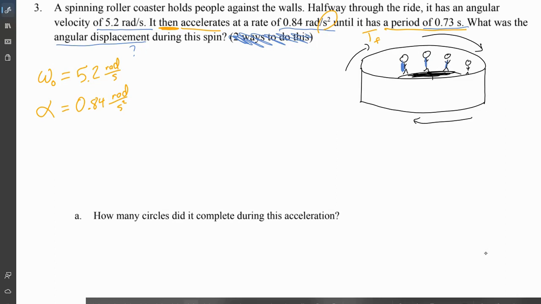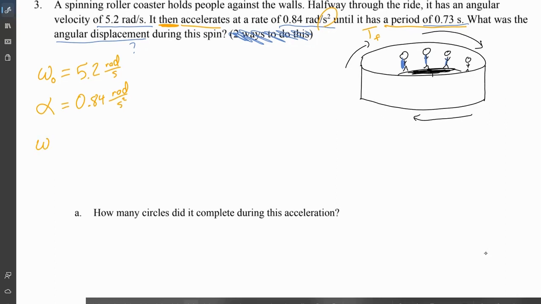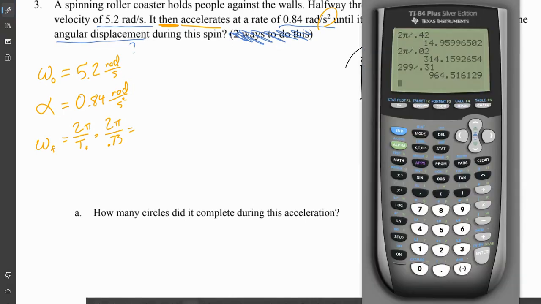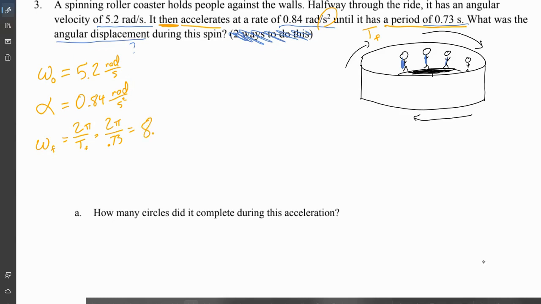Remember, anytime we're given period, we are really given omega because it's just 2 pi over the period. So we have 2 pi over this final period of 0.73 seconds. So what is omega final really? 2 pi over 0.73, 8.61. And this is an omega, this is angular velocity, so radians per second.